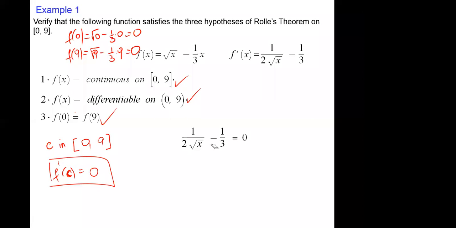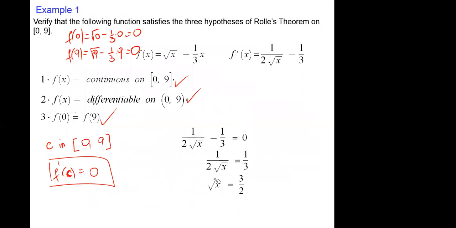And now this derivative must be 0. I was thinking of getting the common denominator, but we can add 1/3 to both sides and cross multiply. Cross multiplying, I will have 2 root x equals 3, root x equals 3/2.